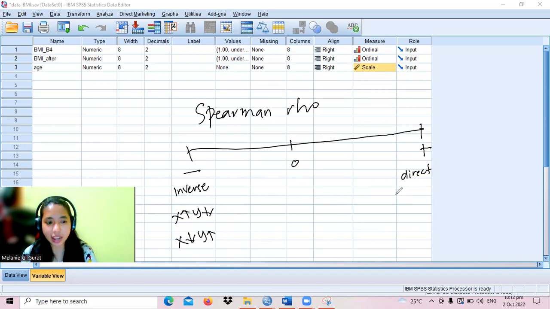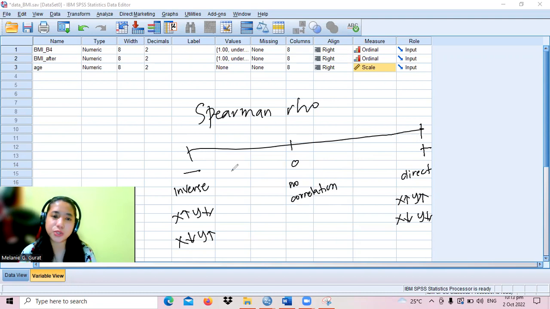While if it is direct, it means that as x increases, y increases, or again, x decreases and y also decreases, because there is a direct correlation. Now, if the correlation is very near to zero, it means that there is no correlation.